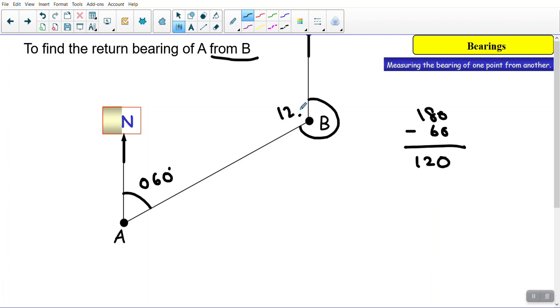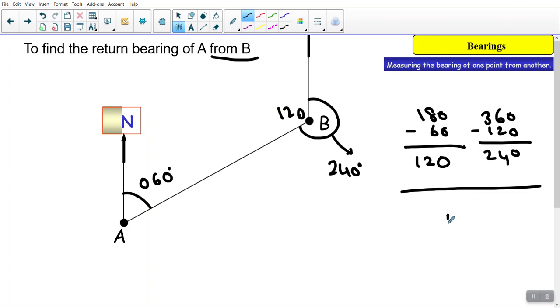So I would put 120 here, which means that the remaining bearing would be 360 minus 120, which would be 240. That means this angle or the bearing would be 240 degrees. Another shortcut to do the return bearing is to simply add 180 degrees. So you could also get the same answer if you were to simply add 180 plus 60. That would also give you 240 degrees.